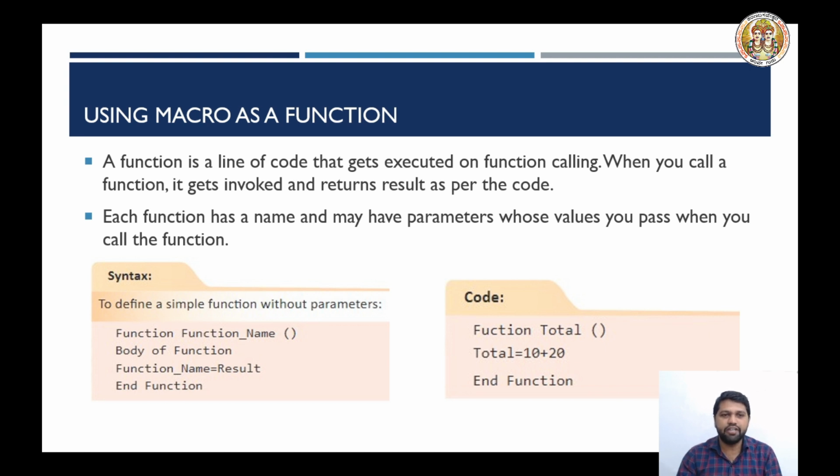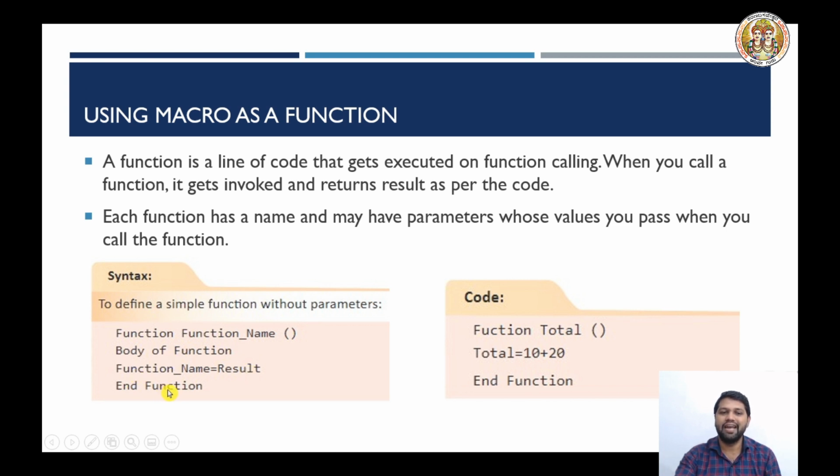Each function has a name and may have parameters whose values you pass when you call the function. This is the syntax, and this is the example code. The same thing we are going to try. Here is the function name, and this is the body of the function, and the function name equals the result.